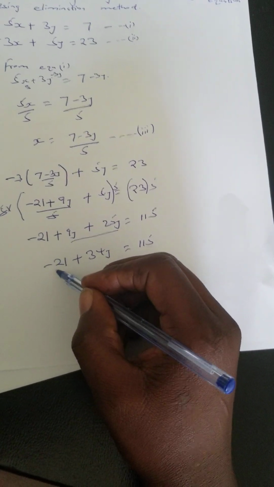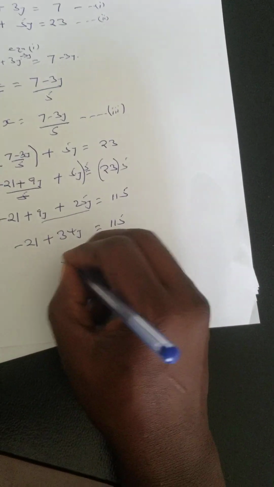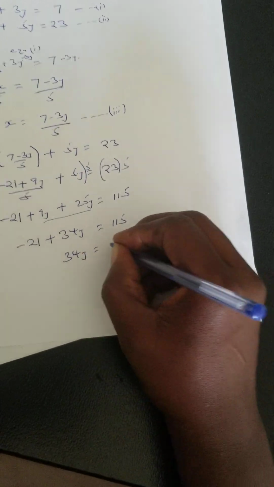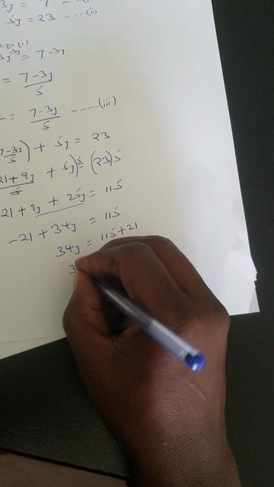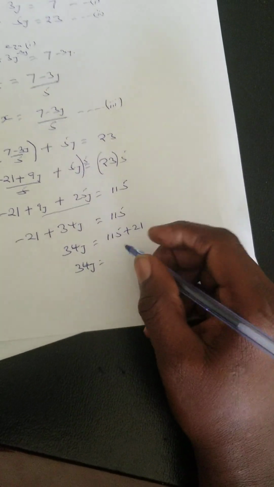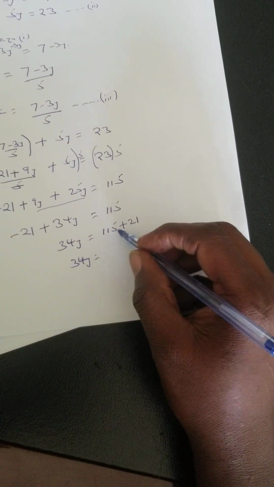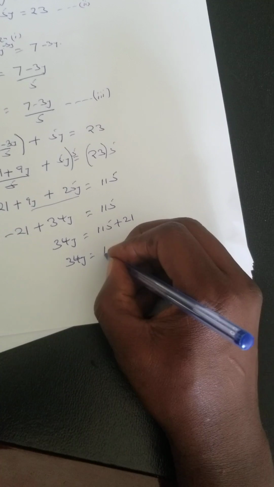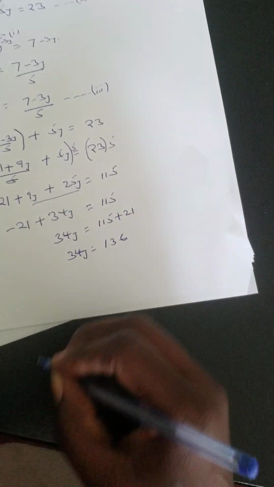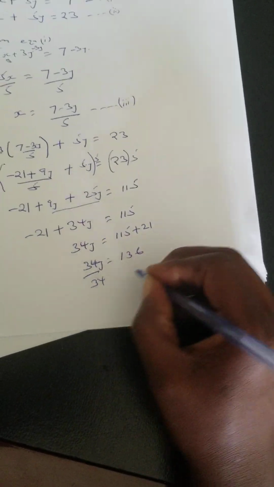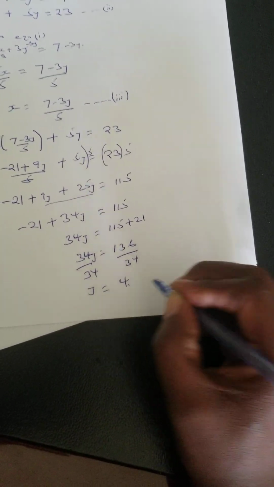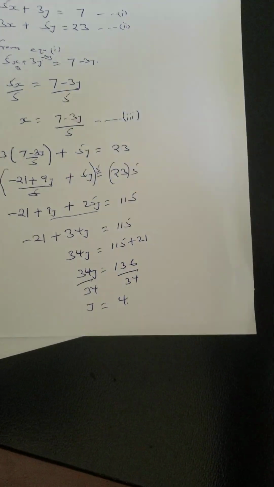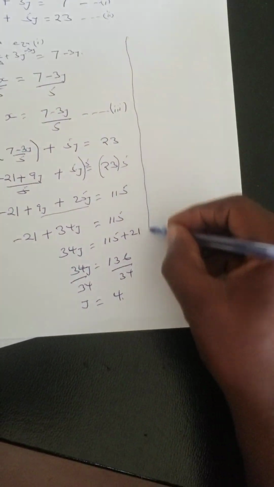If we take negative 21 to the other side, 34y is equal to 115 plus 21. If you add 115 to 21, you get 136. If we divide by 34 on both sides, our y will be equal to 4. So our y is equal to 4.